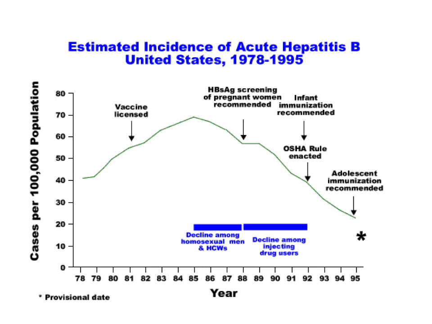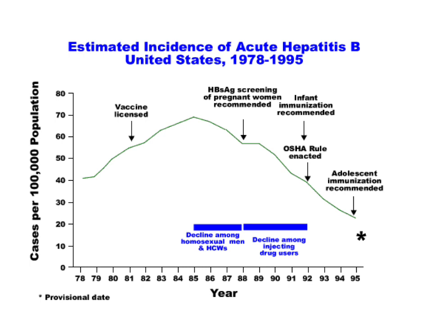The incidence declined between 1985 and 1988, and between 1988 and 1991, when fewer cases were reported among homosexual men and among injecting drug users, respectively. In both of these groups, the decline in incidence was likely related to behavioral changes in response to the epidemic of acquired immunodeficiency syndrome, or AIDS, HIV, rather than to vaccine use. The incidence has continued to decline during the first half of the 1990s.